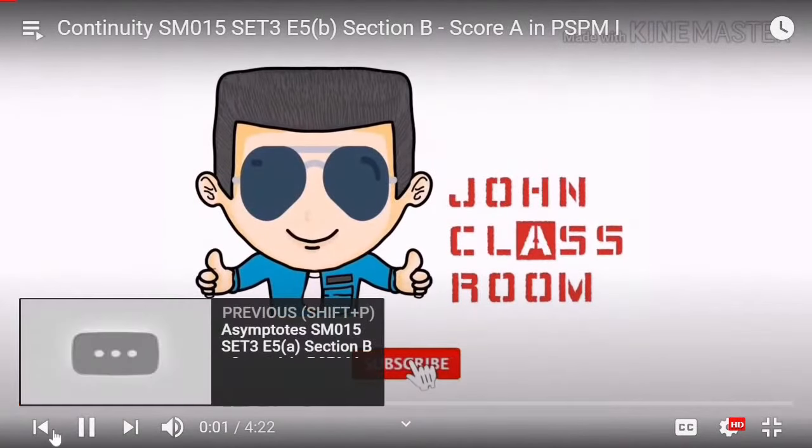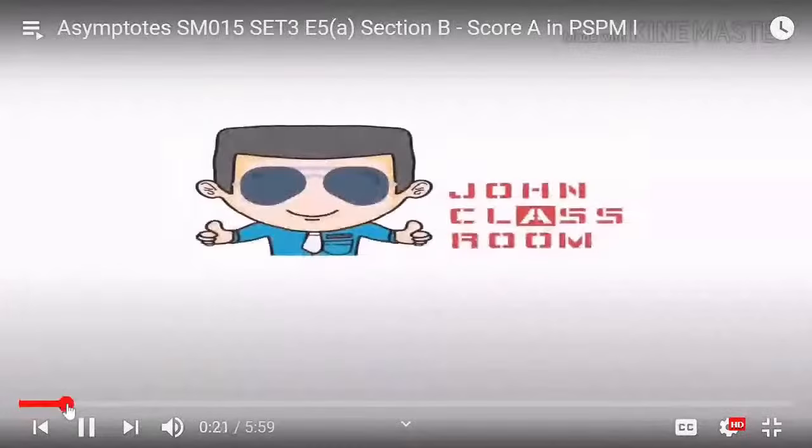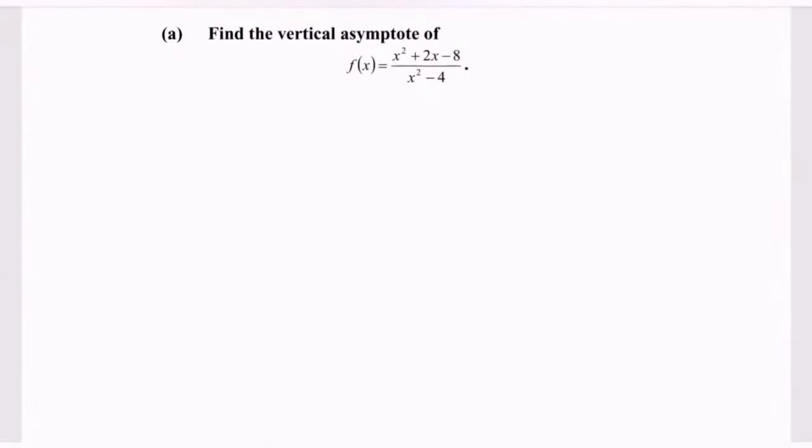So for example 5, it is about asymptote. So before we proceed with the vertical asymptote, kindly observe the situation, and we notice that it is an improper fraction.